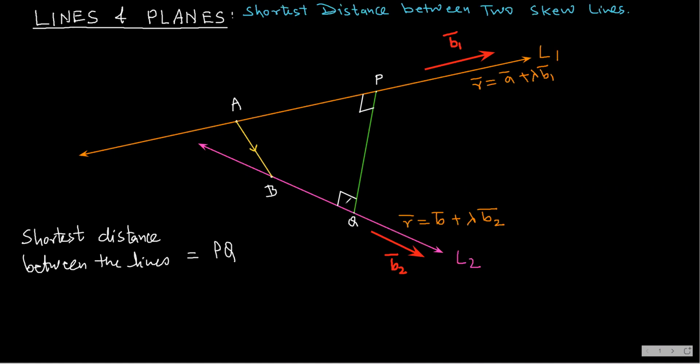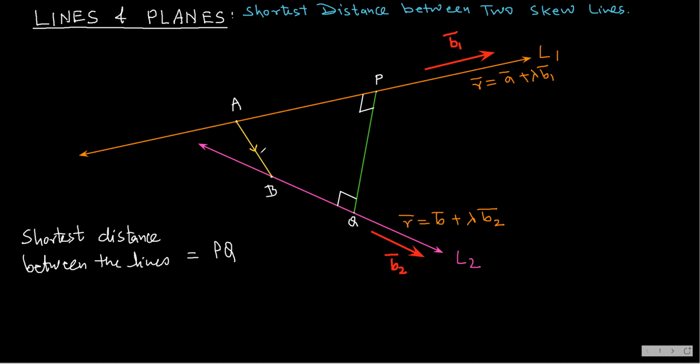If you want to get this PQ, you will have to project AB bar on a vector which is parallel to PQ bar.